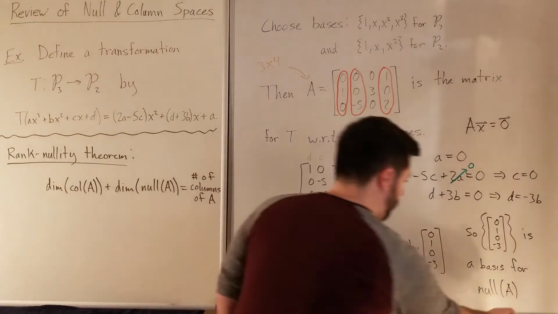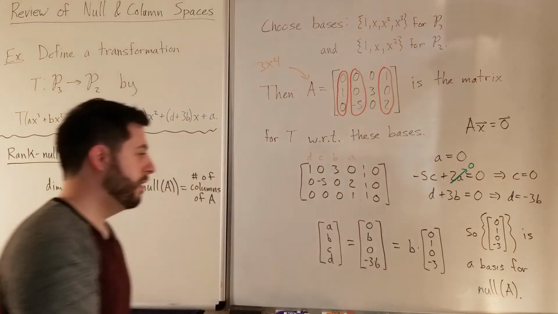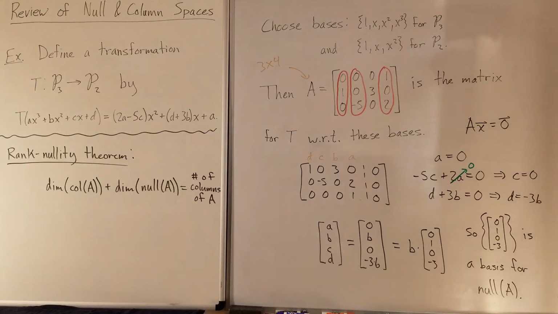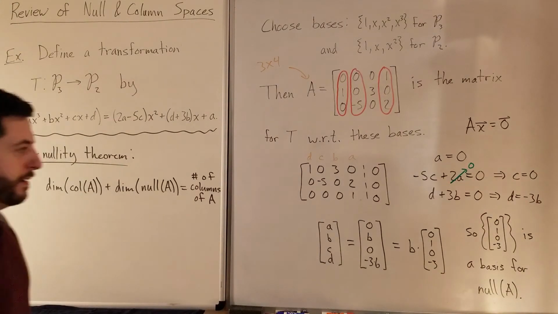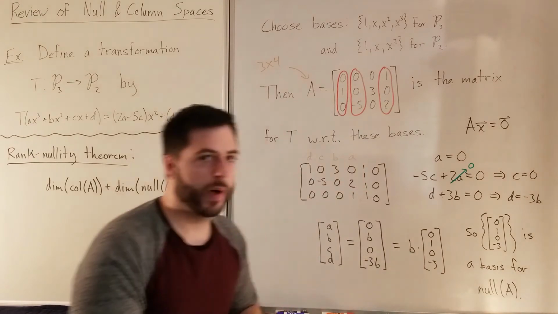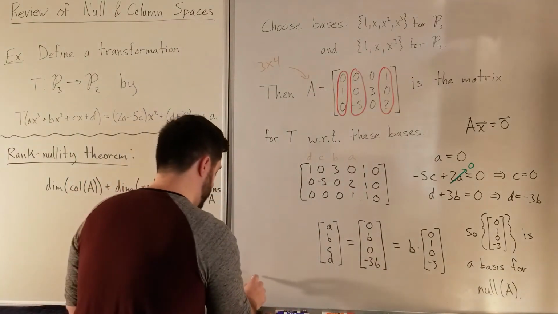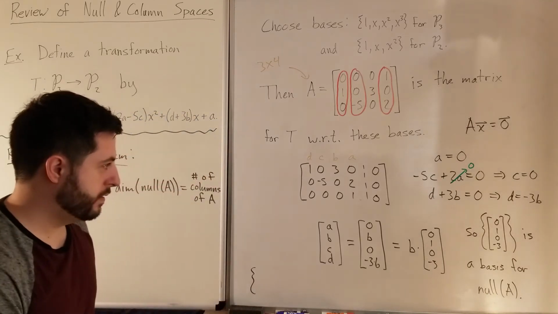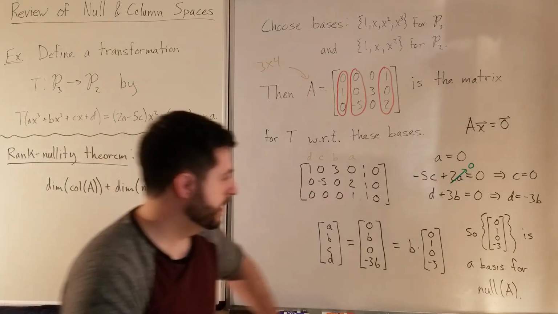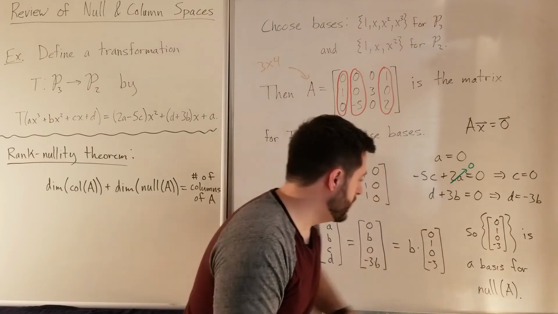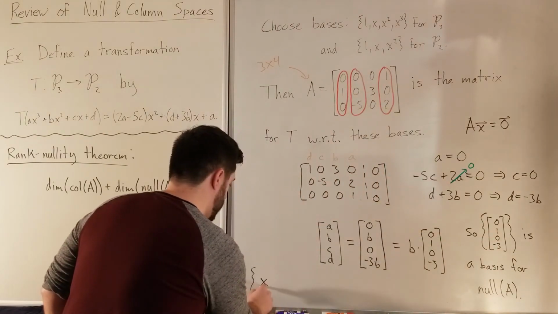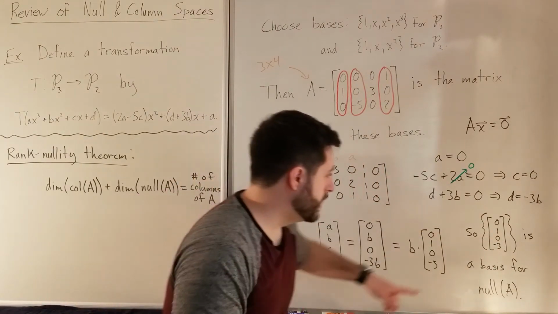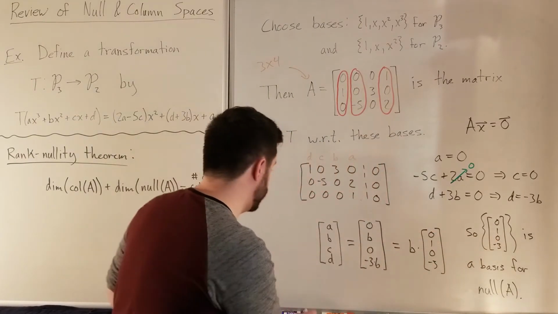Okay, once we have that, we can write this in terms of the kernel by just turning this vector into a polynomial. So I'm just going to write this vector as 0 times 1 plus 1 times x plus 0 times x squared minus 3 times x cubed.